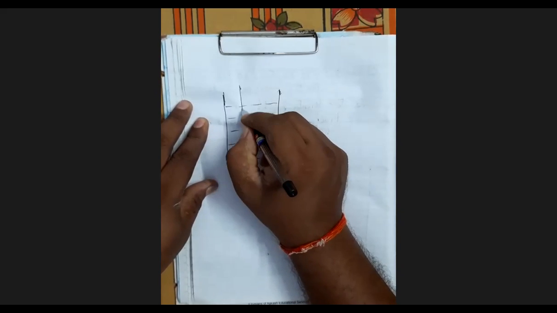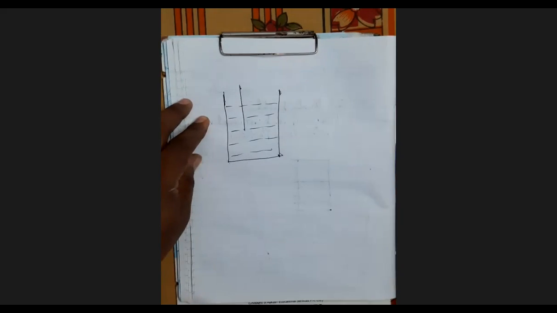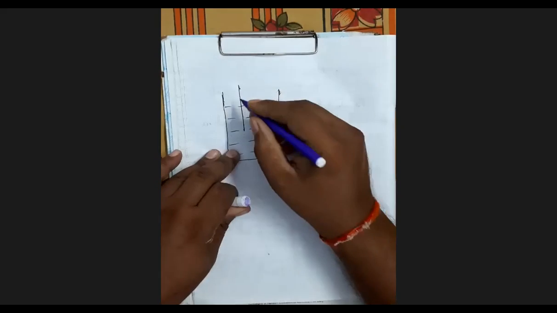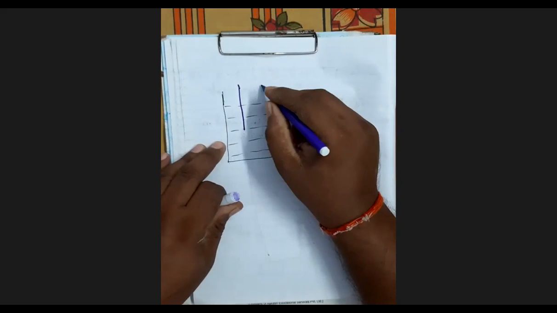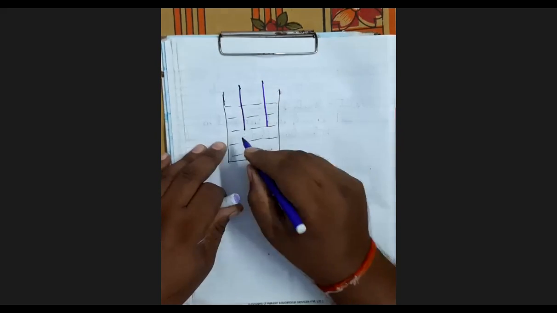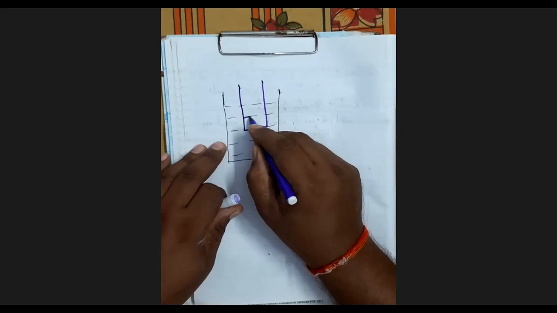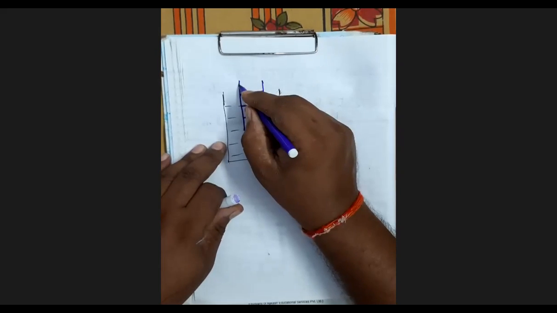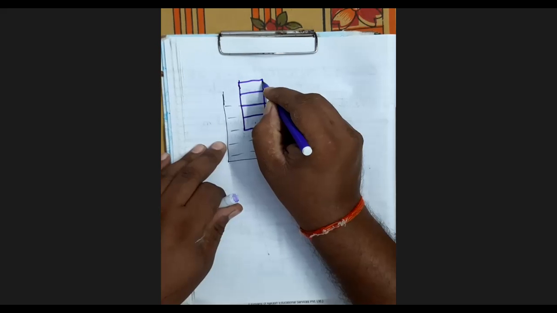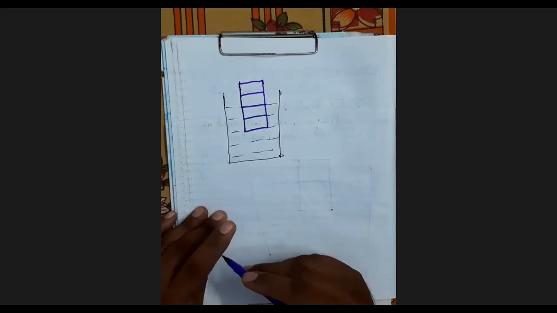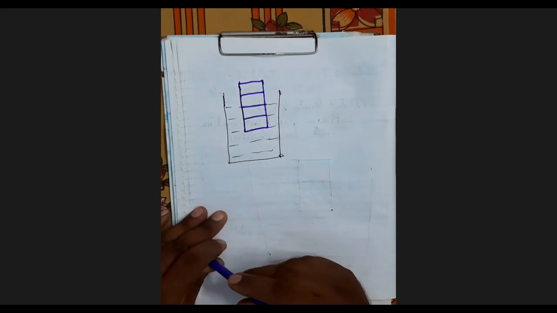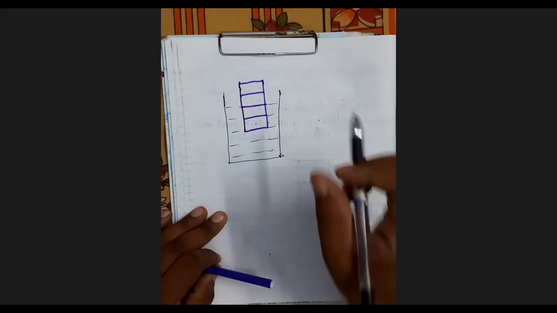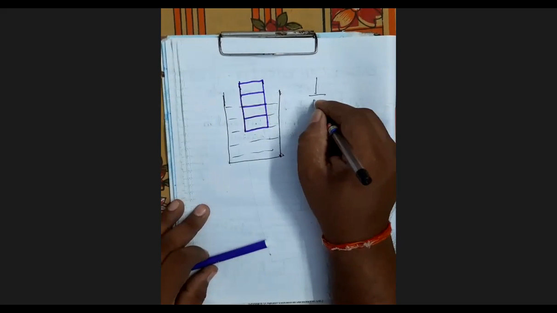And you can see here, this is the solid. Here 1, 2, 3, 4. What is the fraction of immersed portion? Who can tell? Sir, 2 by 4. 2 by 4 means 1 by 2.